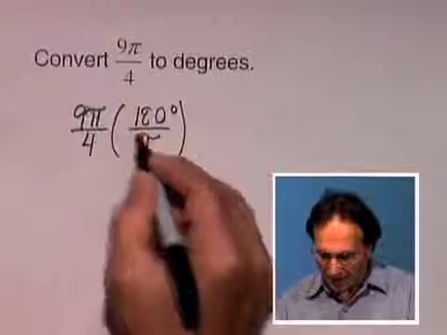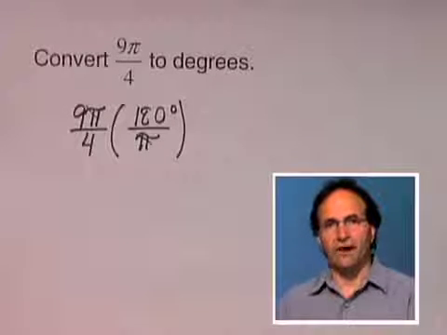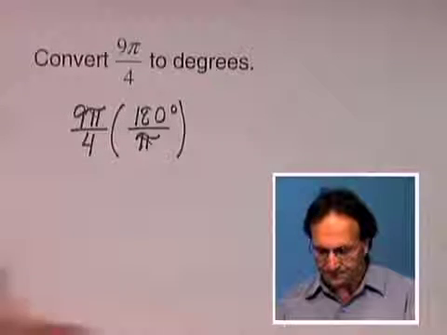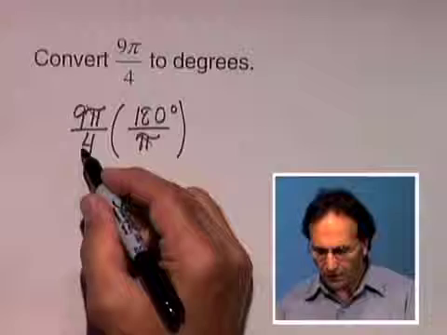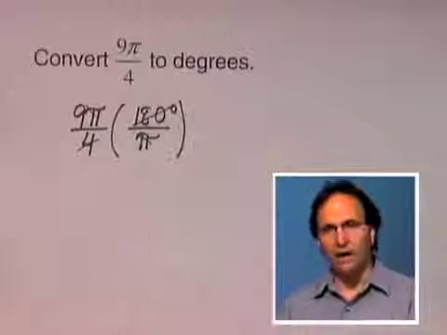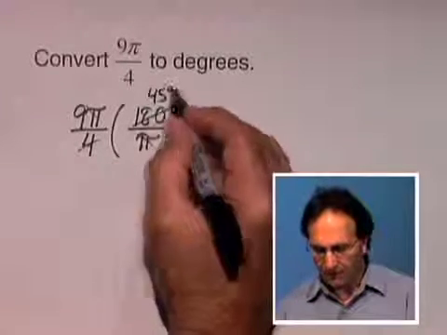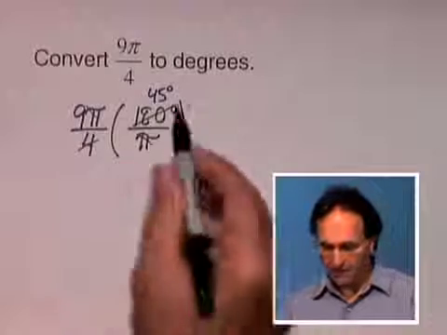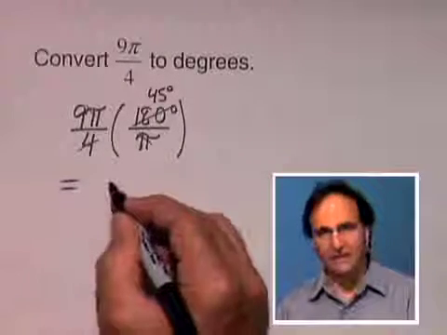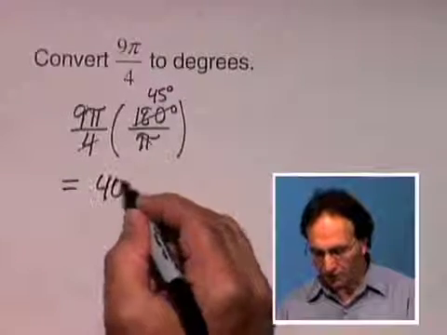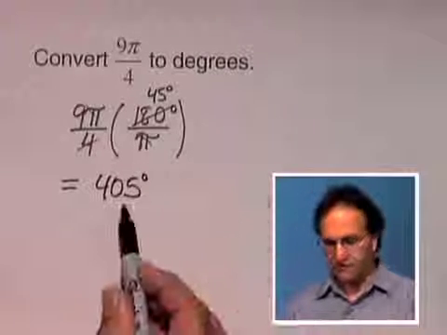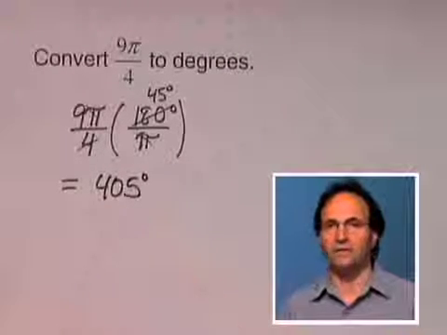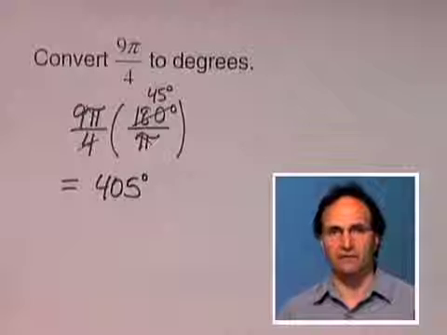When we multiply here, we can see that we can remove a factor of 1, the pi over pi. In addition, 4 will divide into 180 45 times. And so now we multiply and find that this is exactly equal to 405 degrees. So 9 pi over 4 radians is the equivalent of 405 degrees.